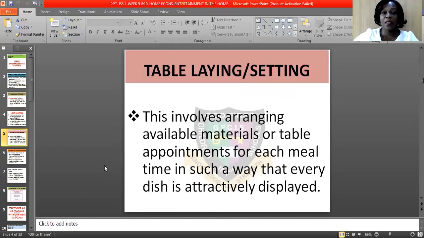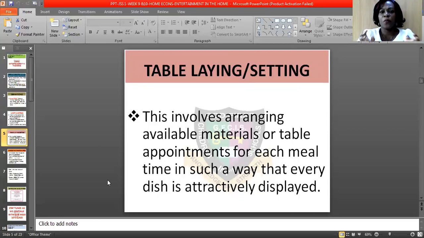All right, let's look at the definition of table laying or setting. This involves arranging available materials or table appointments for each mealtime in such a way that every dish is attractively displayed.